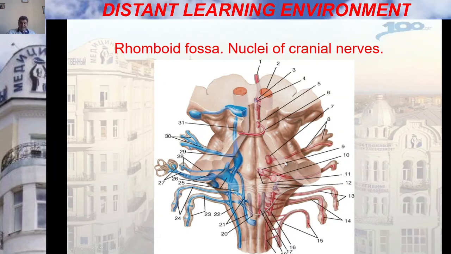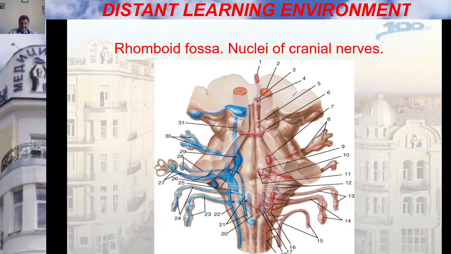The inferior sides are bounded by two inferior cerebellar peduncles. On the midline of the rhombus from the superior to inferior angle stretches the sulcus medianus, which divides the rhomboid fossa into right and left halves. You may see this sulcus here and right and left halves here.